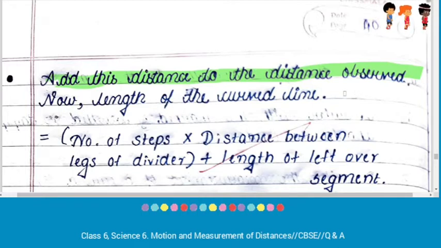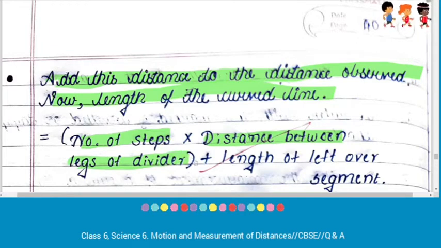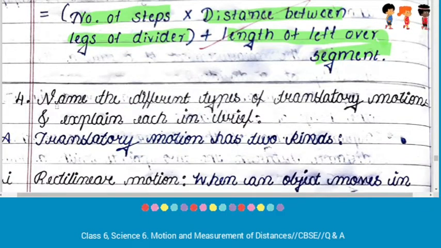Now length of the curved line is equal to number of steps into distance between legs of divider plus length of leftover segment. So what is the length of the curved line? It is the number of steps into distance between legs of divider plus length of leftover segment.